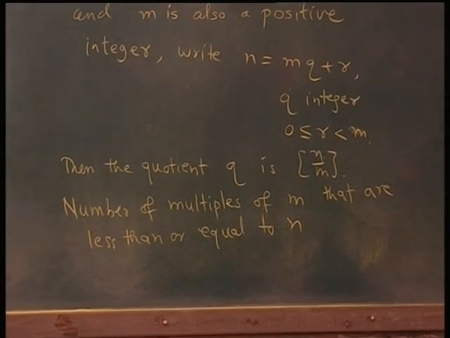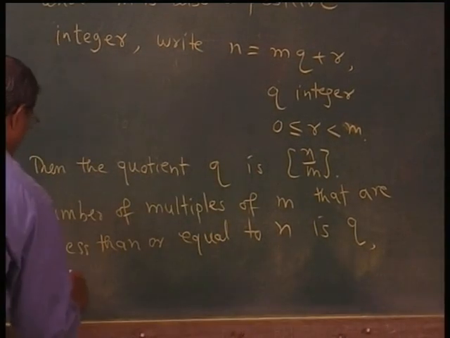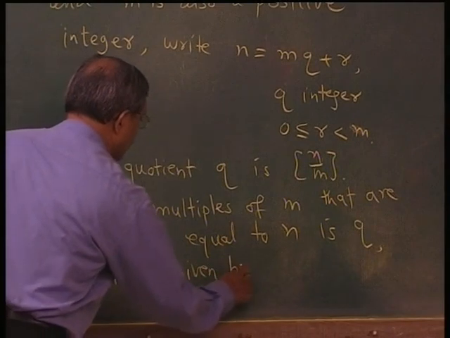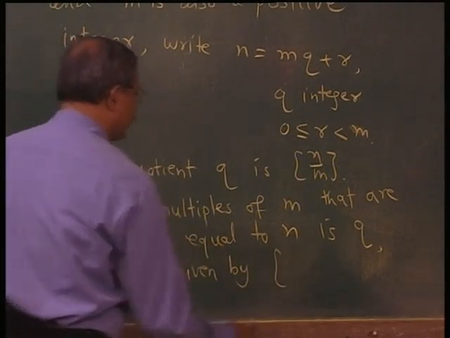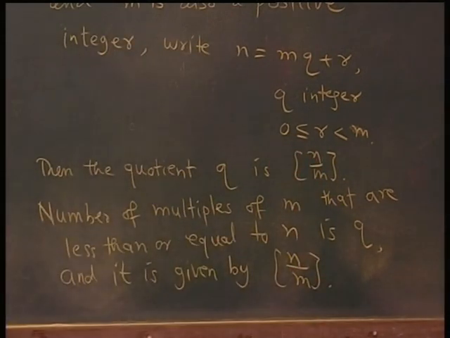There are q multiples of m which are less than or equal to n, and it is given by the integral part of n by m. So another way of looking at this is the number of multiples. The integral part is used for this also.